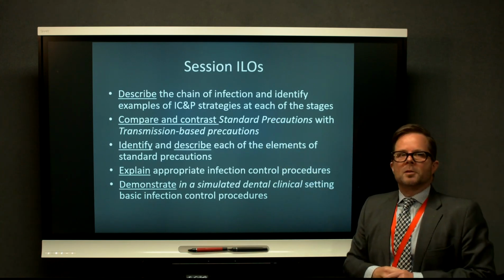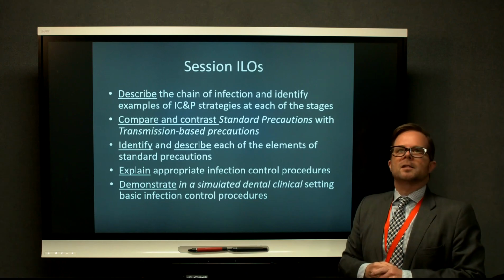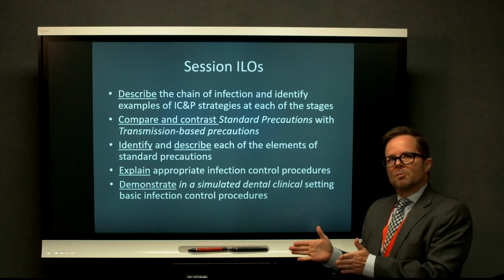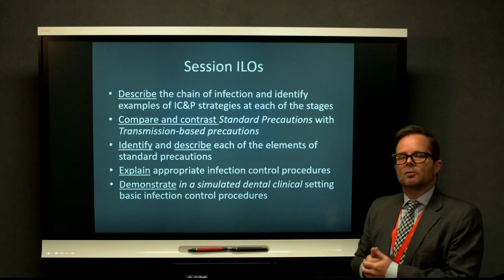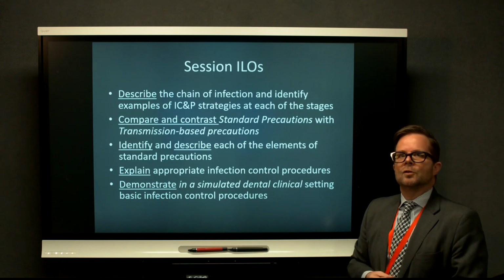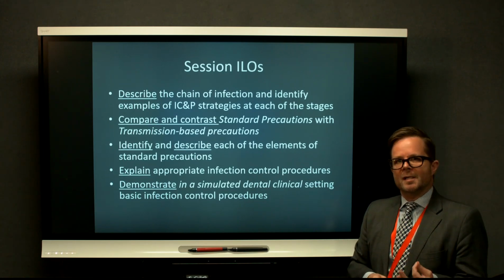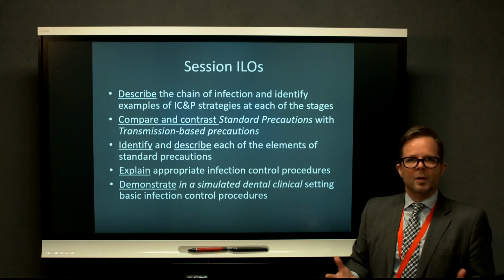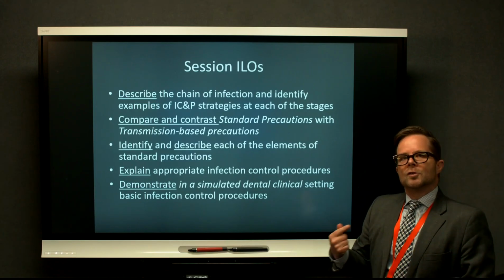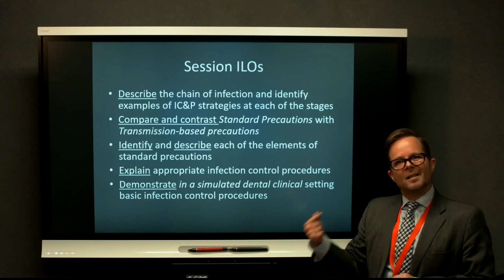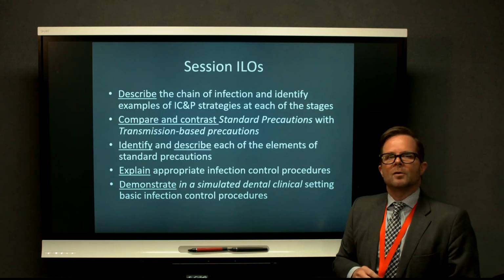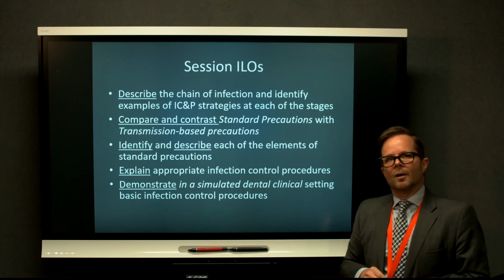The second thing you need to be able to do is compare and contrast standard precautions, which we'll talk about, and transmission-based precautions. So in infection control and prevention, there are 2 general approaches to precaution. One is the standard, which we apply to everybody, and then there are some special cases in which we may use additional precautions, but they are special cases and they are very specific, and we'll talk about those in detail as well.